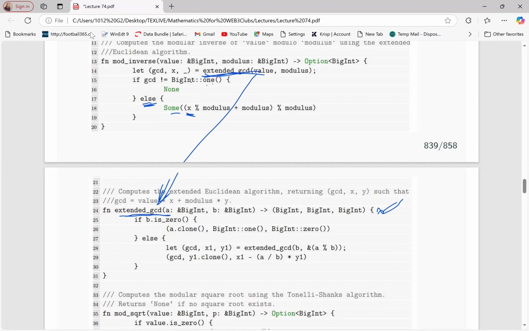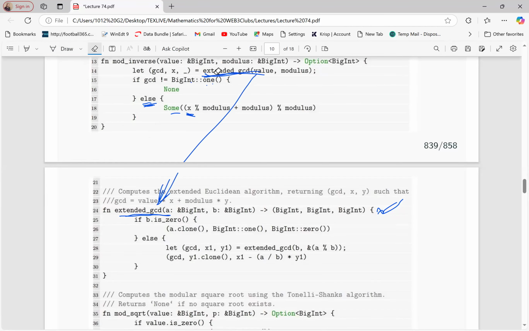Now, how does it do the inverse? Given two values A and P, where P is our mod, how does it get the inverse?